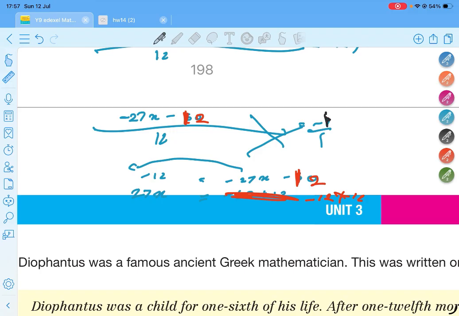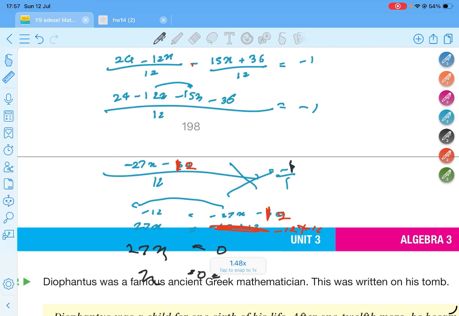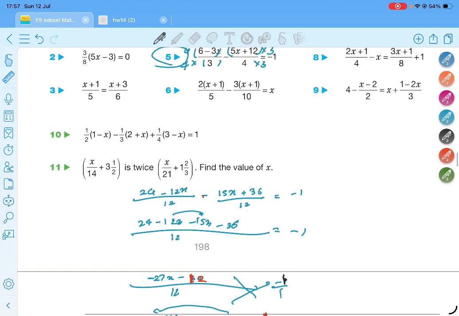Unfortunately that is minus 12 and this minus 12 comes here as positive 12 that becomes 0, so 27x should be 0. Let's substitute and see whether x works.